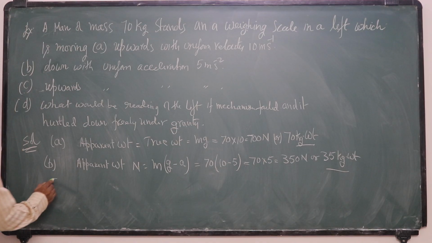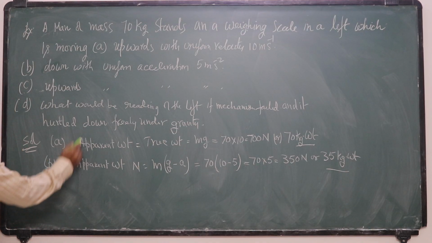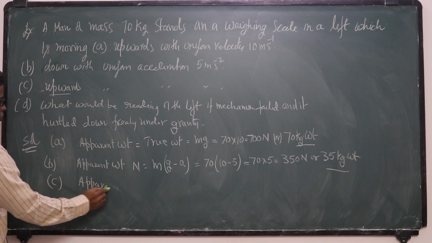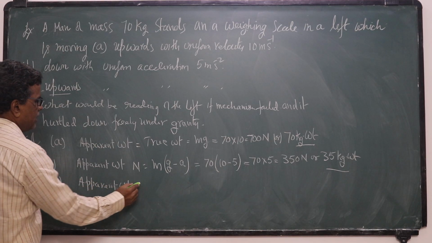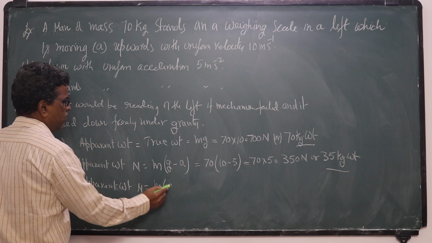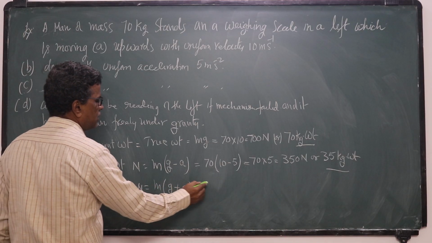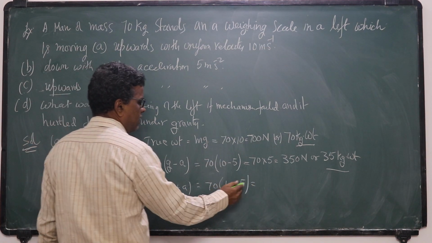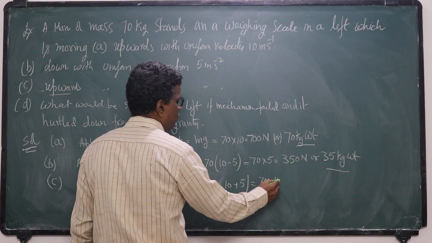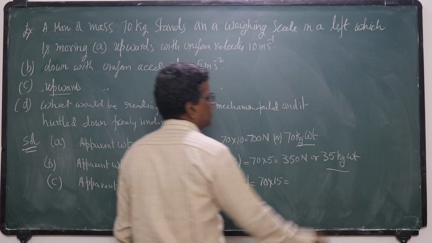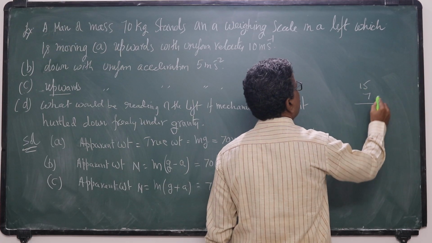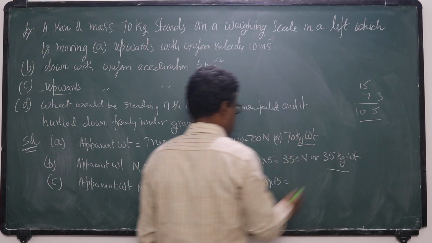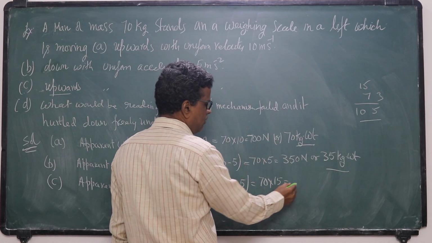Okay, C. When it is moving up, apparent weight N is equal to m(g plus a), isn't it? 70 into (10 plus 5), so 10 plus 5 is 15. So 7 into 15 is 105.